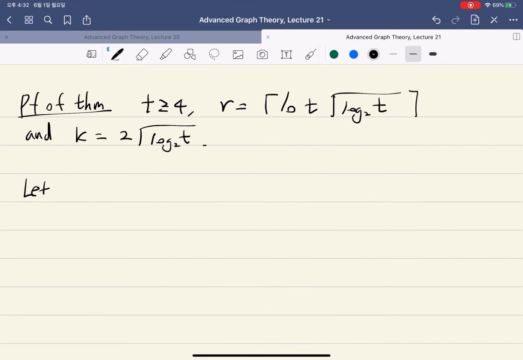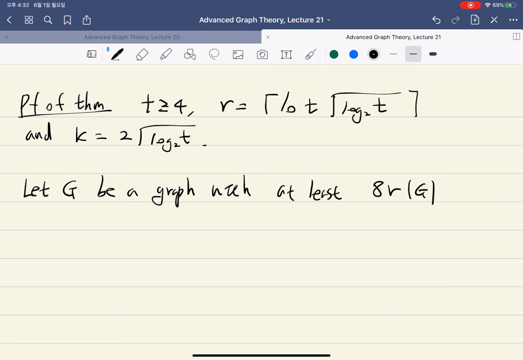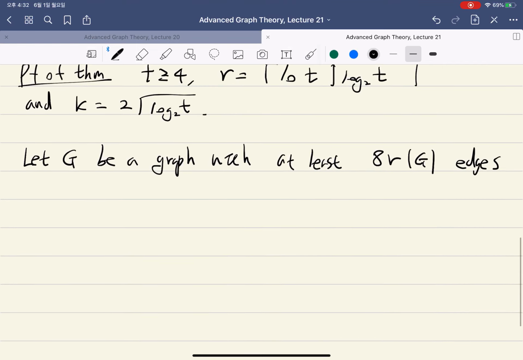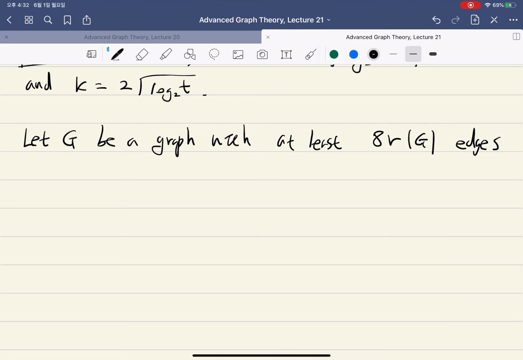And let G be a graph with at least, say, 8r times |G| edges. Okay, give me a moment. Yes.